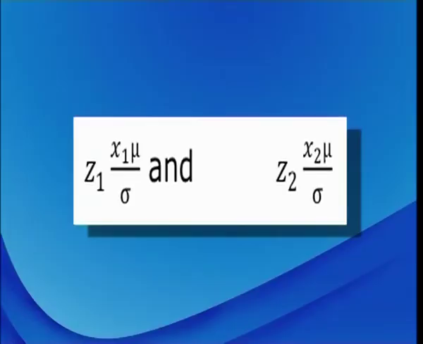Observe that whenever X is between the values X equals X1 and X equals X2, the random variable Z will lie between the corresponding Z values, that is Z1 equals (X1 minus mu) by sigma and Z2 equals (X2 minus mu) by sigma.